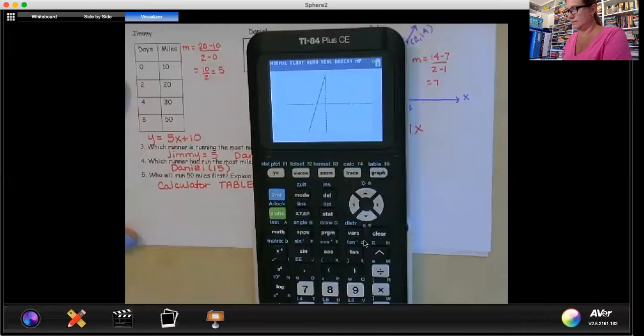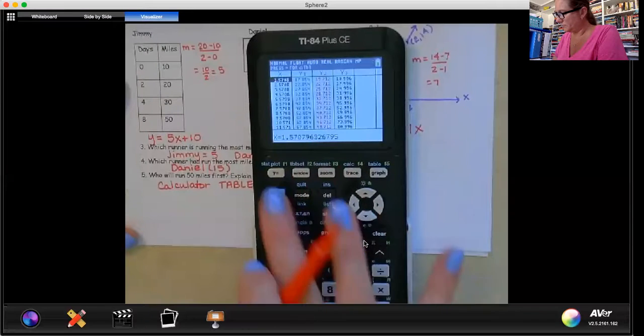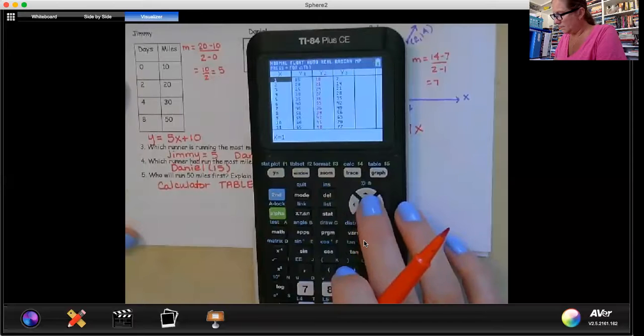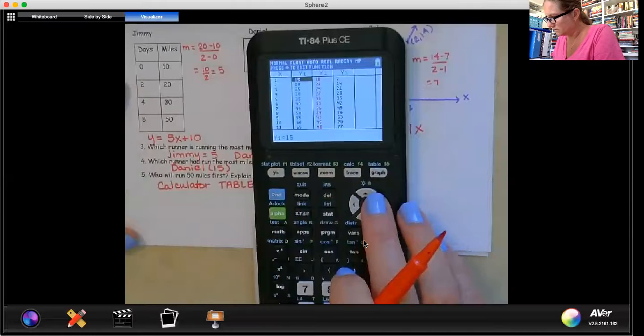So we're going to look at the graphs. They're all lines. They should all be no curves in there. And so second graph. And so we're looking to see which one will run 50 miles first.